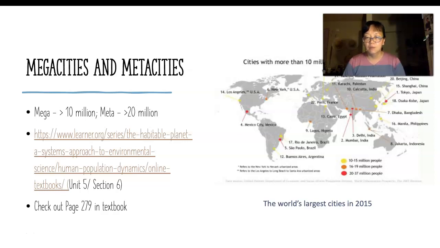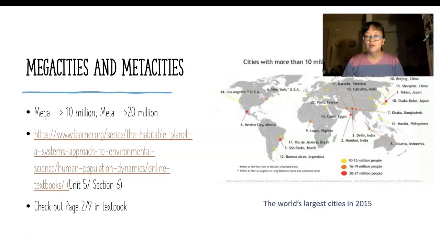From the world map, we can see most of the cities are in Asia, and we have a few in North America, South America, and Australia. As I said, most of the cities are in Asia, then Europe, and we have several in Africa also.